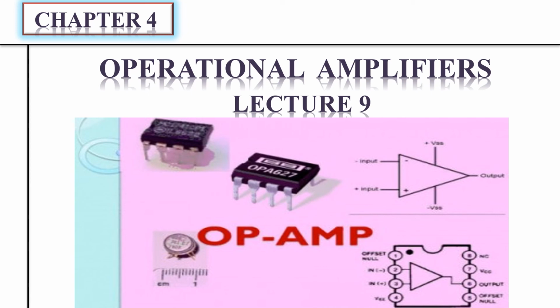In linear applications we have seen non-inverting op-amp, inverting op-amp, buffer, inverter, adder and subtractor. In non-linear applications of op-amp we have seen integrator and differentiator. Today we'll be seeing comparator and Schmitt trigger.